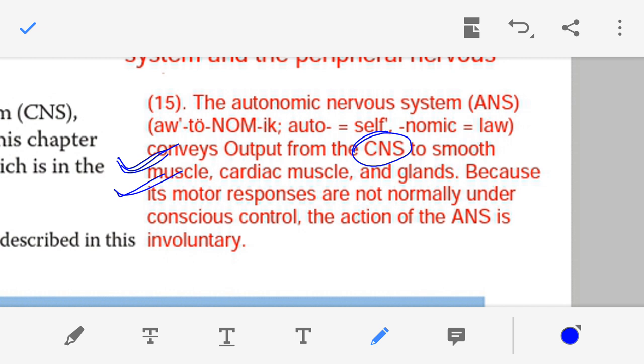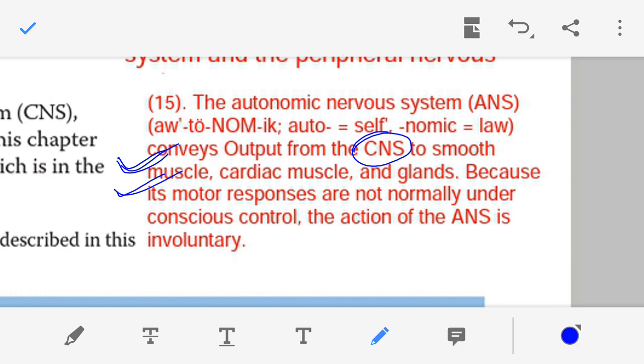In our internal body organs, let's say the esophagus, the wall of the stomach, the small intestine or the large intestine, smooth muscle is present, and we are not deciding that it should contract or relax. The process is automatic, and it is under the control of the ANS.